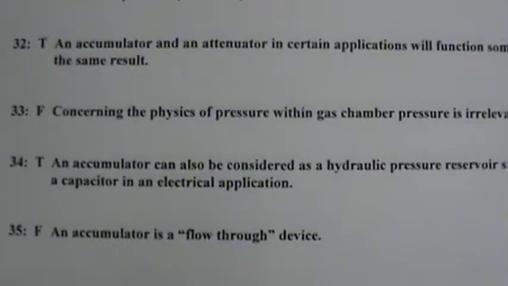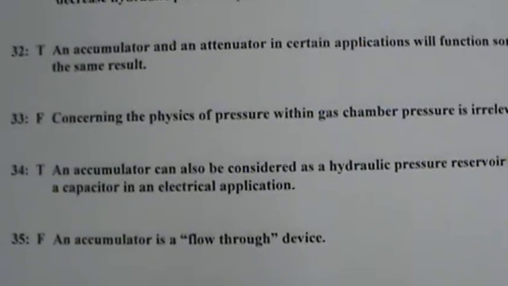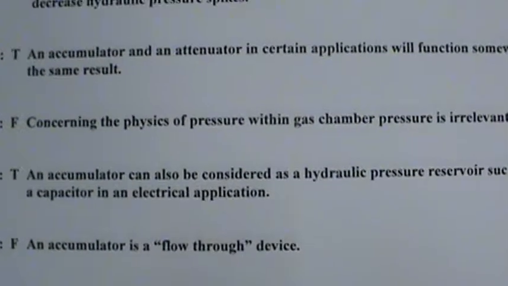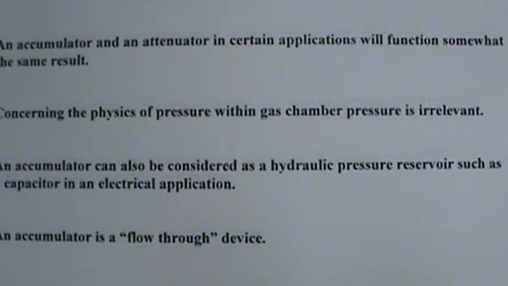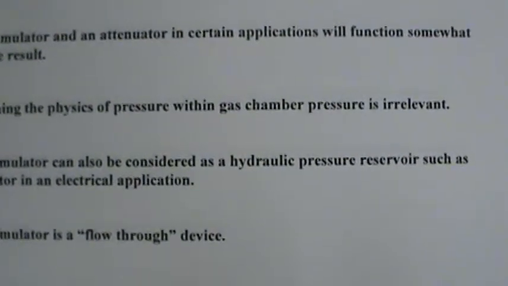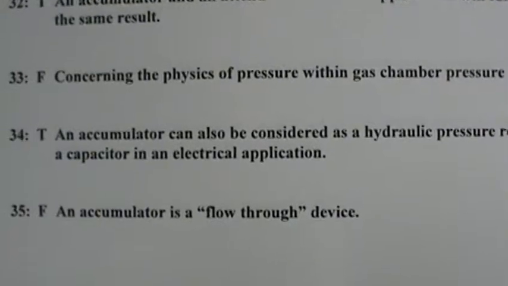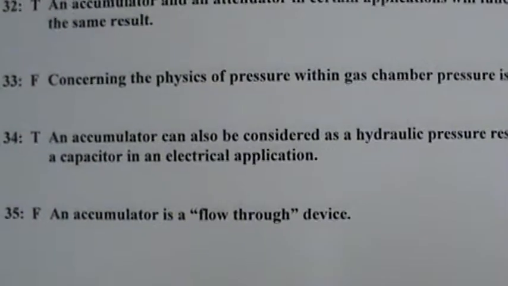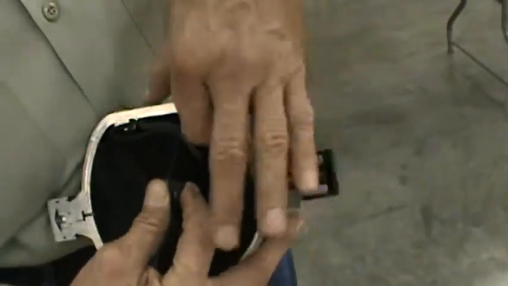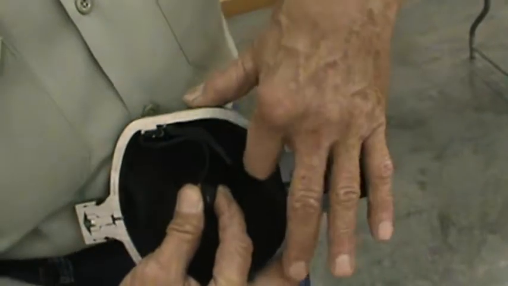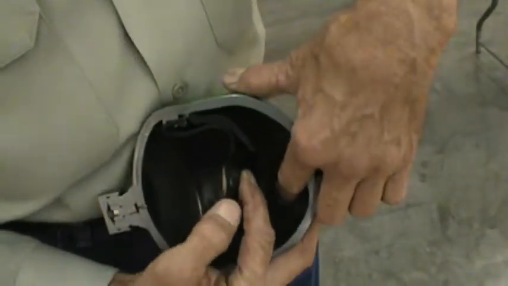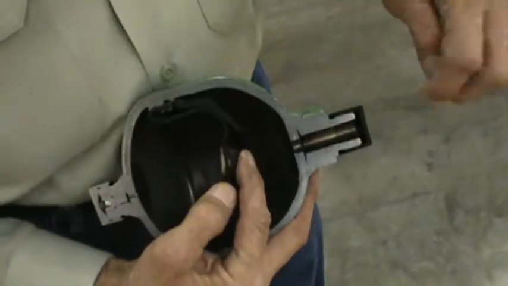Now the next question, an accumulator can also be considered as a hydraulic pressure reservoir, such as a capacitor in an electrical application. That's true. This area is pressurized with oil, and you've got pressure here.